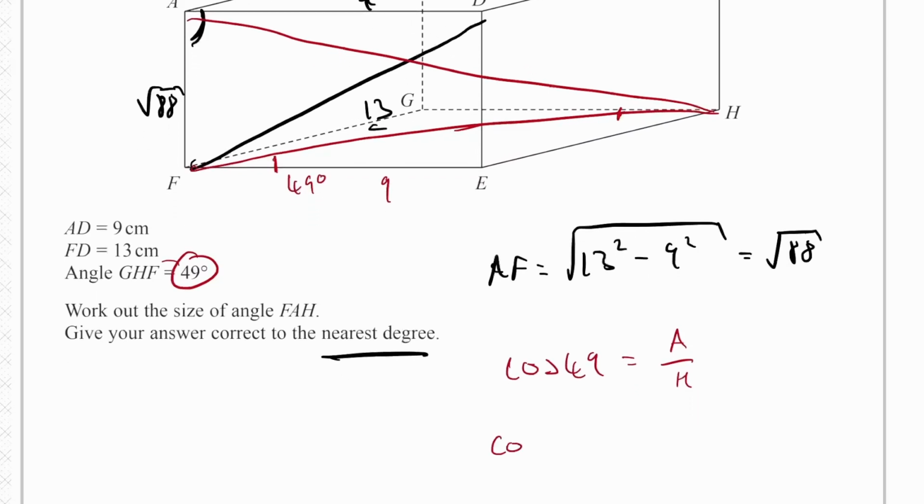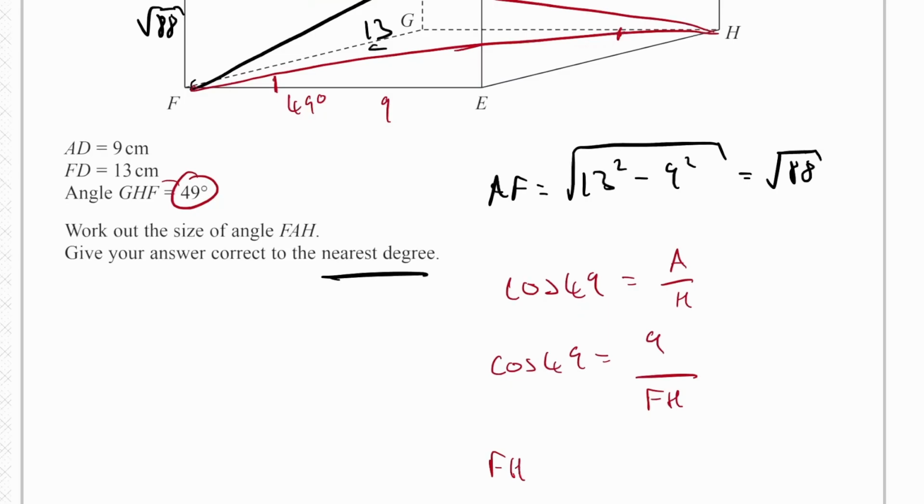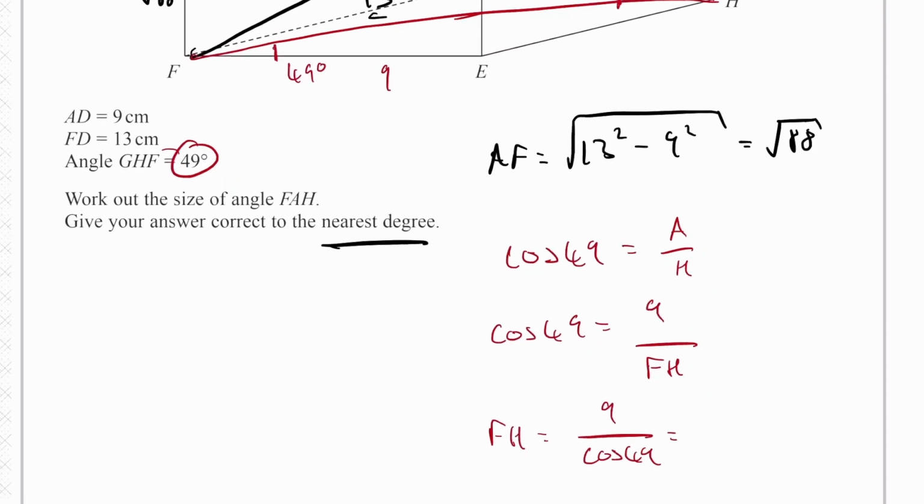So cos 49 equals the adjacent, which is 9, over FH. To find FH, you need to rearrange, so it would be 9 over cos 49. If you put that into your calculator, you should get about 13.7. And again, keep as many decimal places as you can, so we don't want to simplify it down just yet.